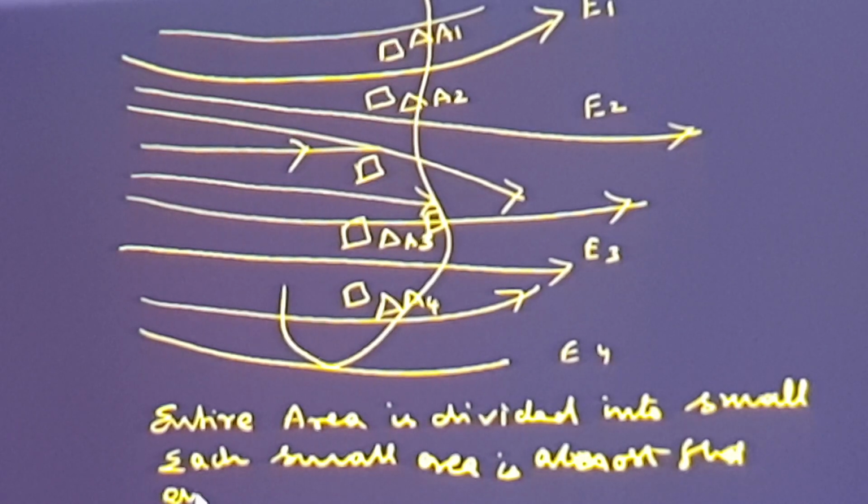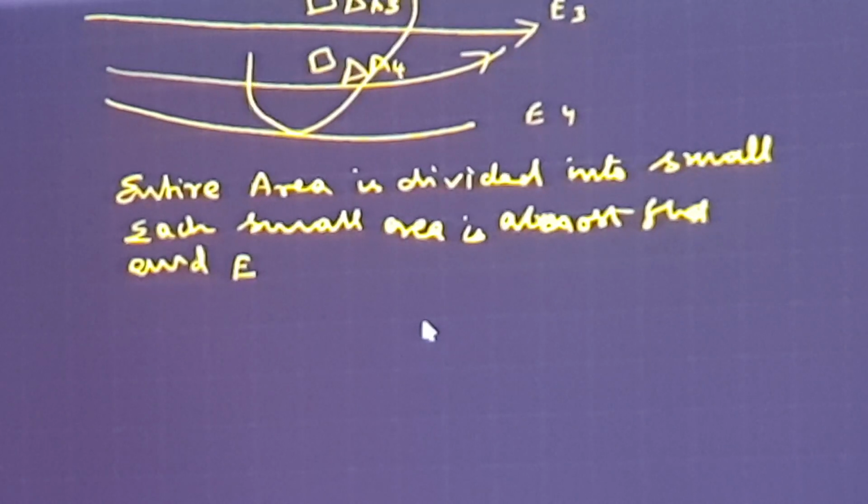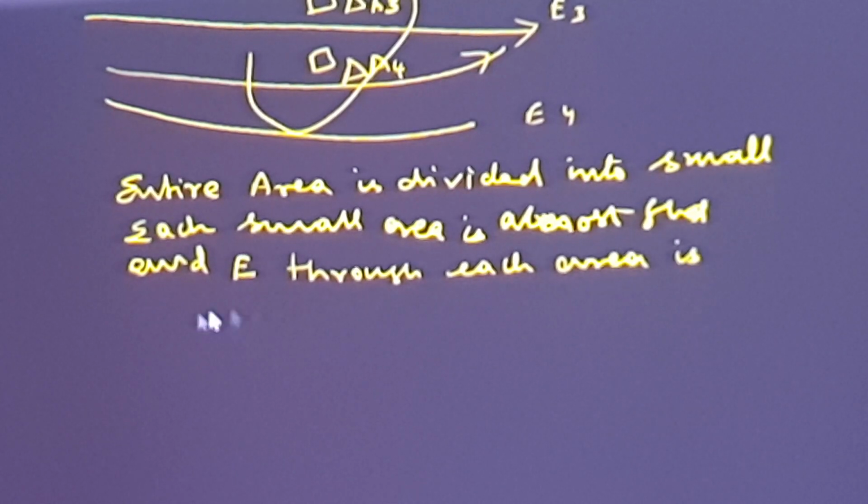And the electrical field E vector is almost constant, or we can say the same. The electrical field E vector through each area is considered to be uniform.